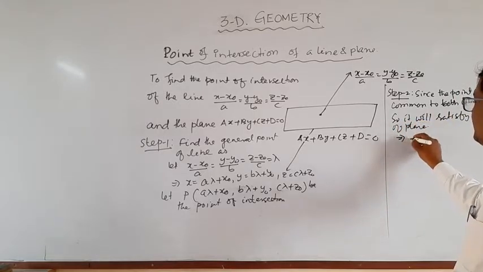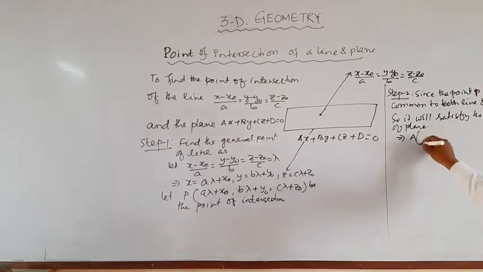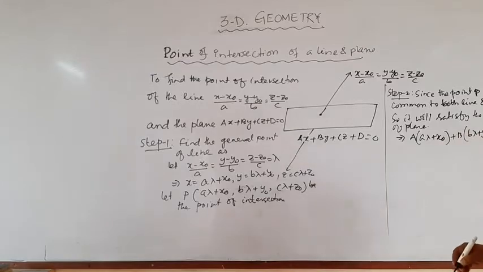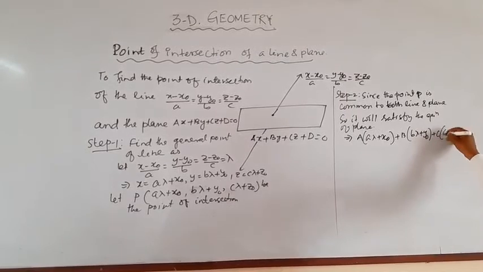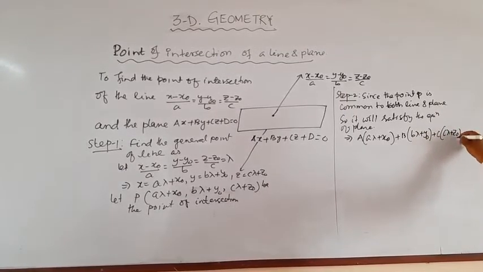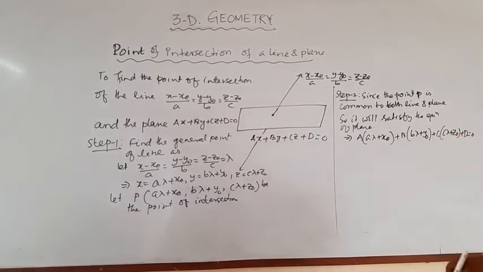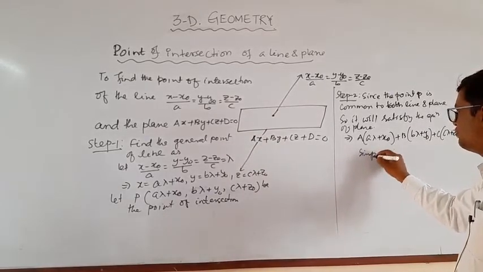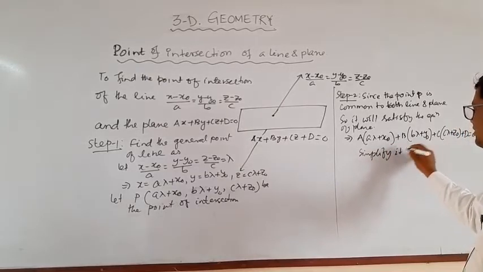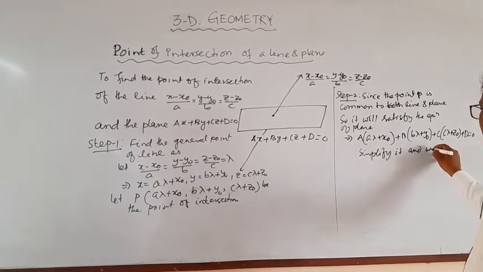That implies a into a lambda plus x naught plus b into b lambda plus y naught plus c into c lambda plus z naught plus d equal to 0. Simplify it, and we will get the value of lambda.